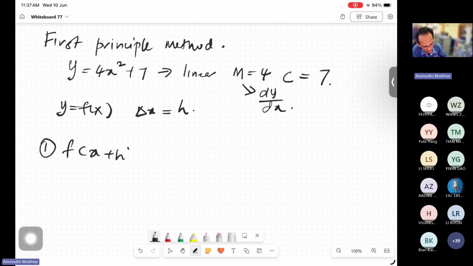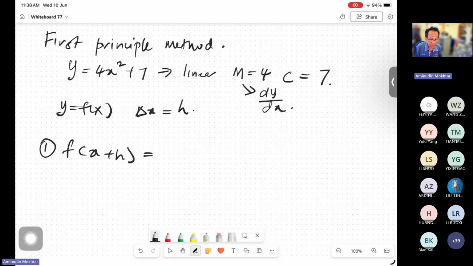plus h). We assume that there is a change in x. The change in x is delta x, and now the value of x is x plus h. Okay, we just add h.